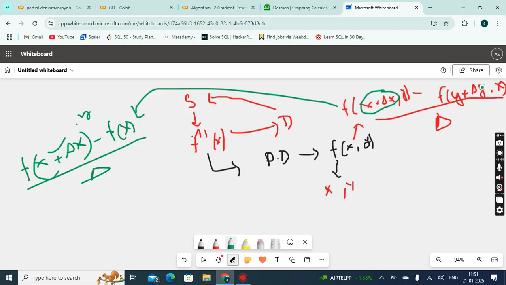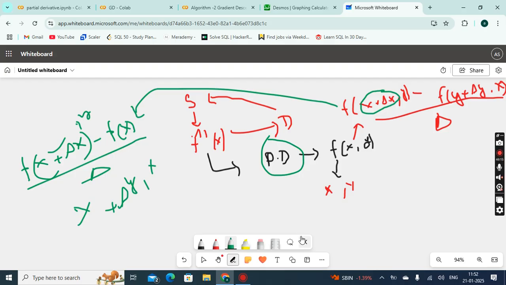Then I have derived using y also, taking y plus del y comma x. So it is quite simple, right? And this is also known as the partial derivative method.